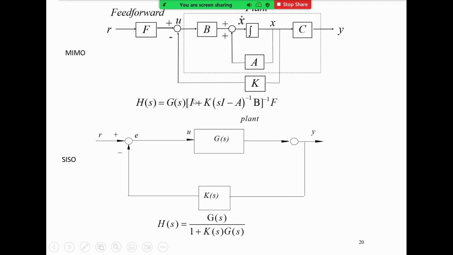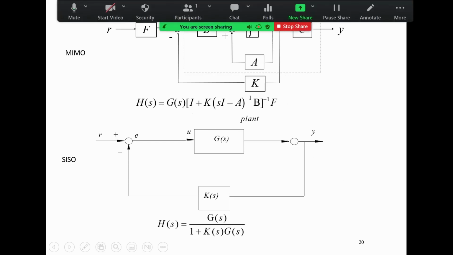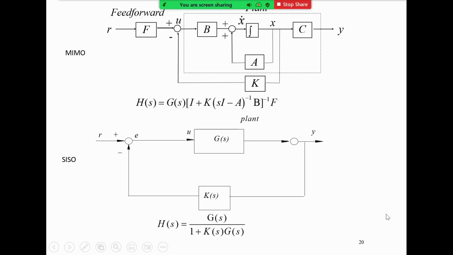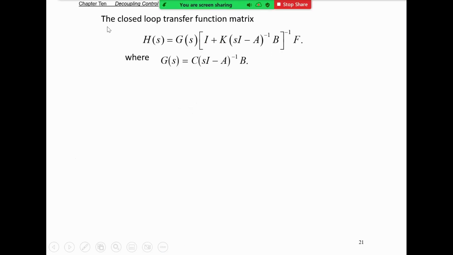So here we have the inverse of I plus K times this one, X, which corresponds to (sI minus A) inverse times B. That is the open loop. All right, so this is the formula we're going to use for the decoupling problem.